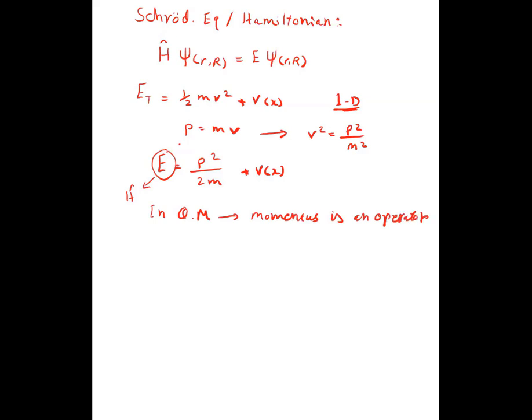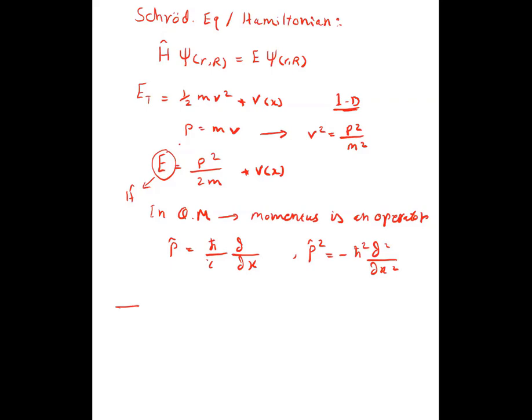The momentum operator is h bar over i times the first derivative with respect to x, in one dimension. So p squared, because i squared equals minus one, we end up with minus h bar squared times the second derivative with respect to x squared. So simply the kinetic part of the Hamiltonian will be minus h bar squared d squared dx squared.